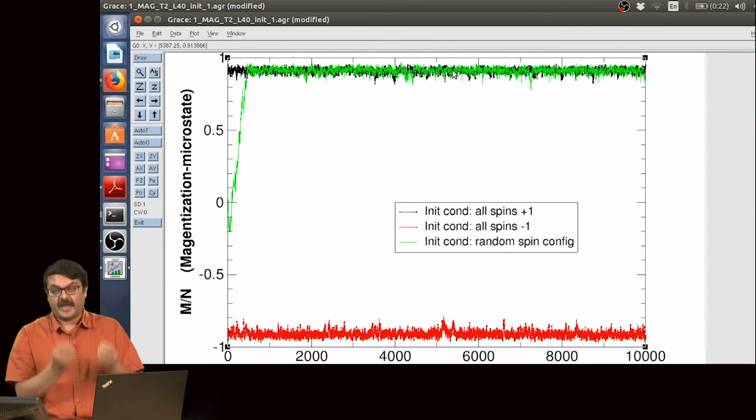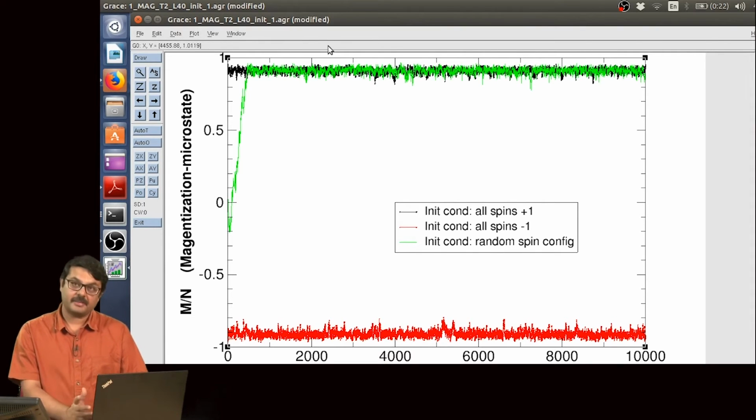Your thermodynamic state, which consists of many microstates in equilibrium, will not depend upon your initial condition. So, here it started from +1 and it started fluctuating around 0.9. Here it is -0.9.